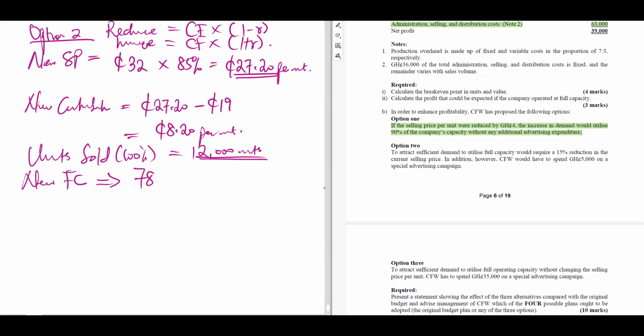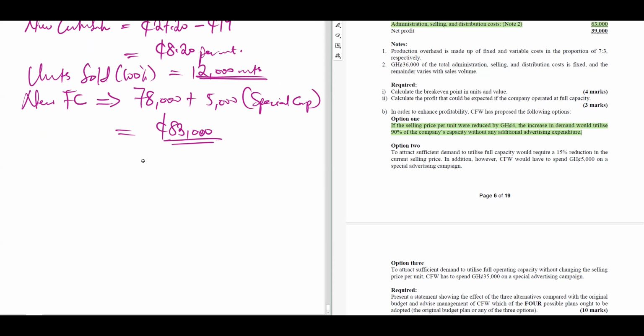So we'll have the original 78,000 plus the additional 5,000 for the special campaign. Do you understand? So 78,000 plus 5,000 is 83,000. That means our new fixed cost is now going to be 83,000. So for this option, we've got our data.